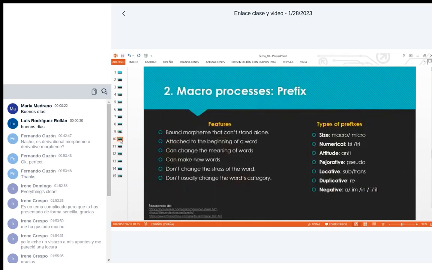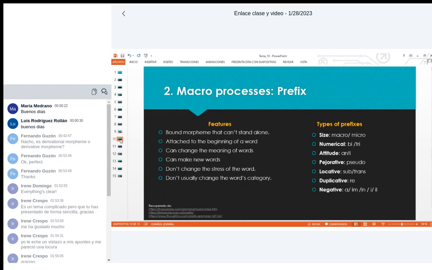Well, so we have ended with the first part of this theme. Now we would enter into the second part of the theme, which is the macro processes, the prefixes. Now, what is a prefix? A prefix is a bound morpheme that can't stand alone. They need to be attached to a root in order to have a meaning.